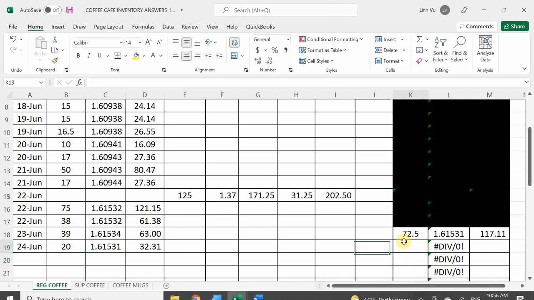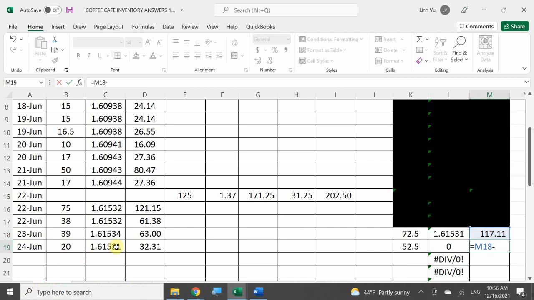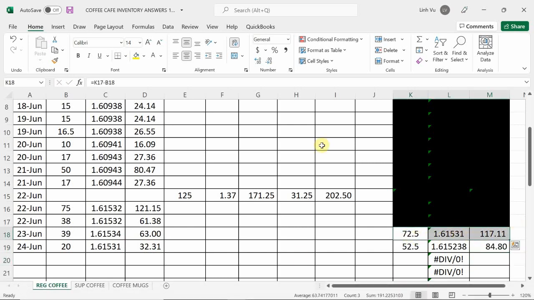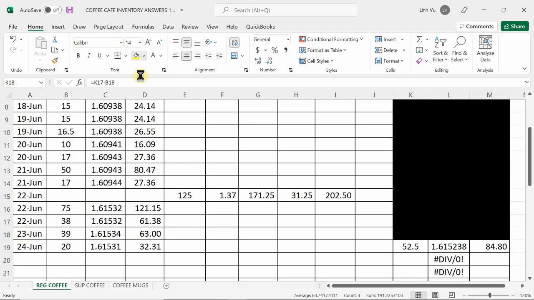Okay. So I'm going to update my inventory. 72 pounds minus 20 pounds leaves me with 52.5 pounds. 117.11 minus 32.31 will give me $84.80 remaining.